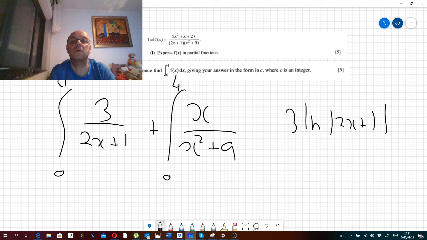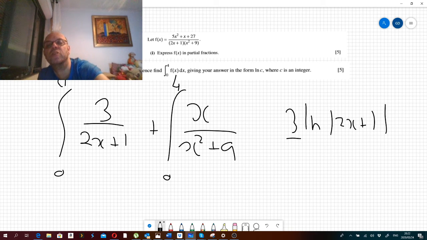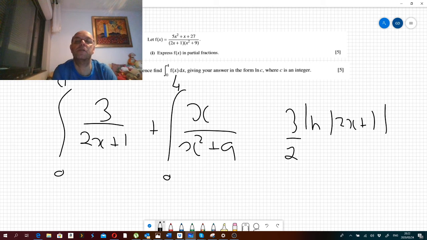Therefore, we end up getting, because if we derived the 2x plus 1, we'd have got 2 over the 2x plus 1, and so we must have a half, so it's 3 over 2 ln 2x plus 1, okay, because the derivative of the 2x would have been 2, so we must cancel out that 2 with the half. Are you happy with that? Okay, so it's 3 over 2 ln 2x plus 1.